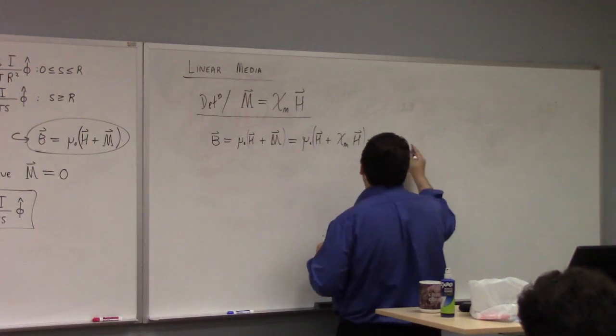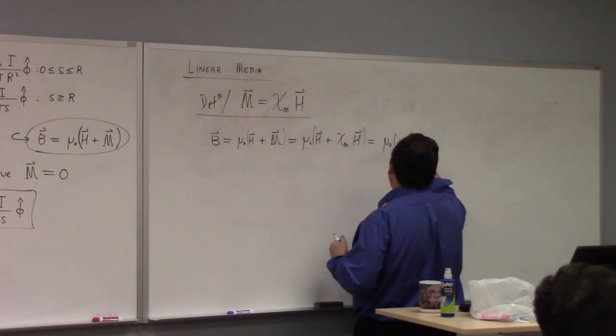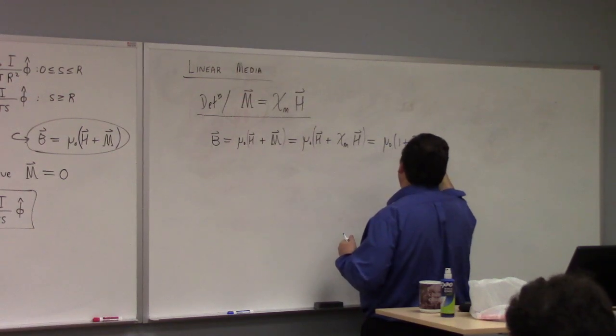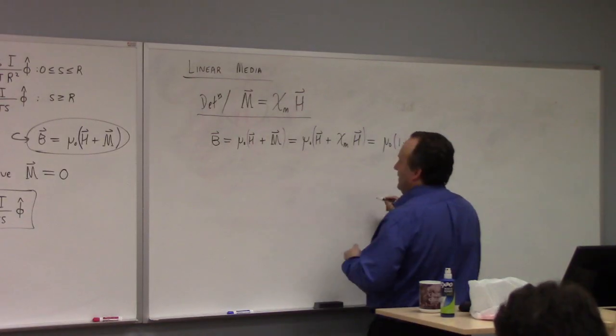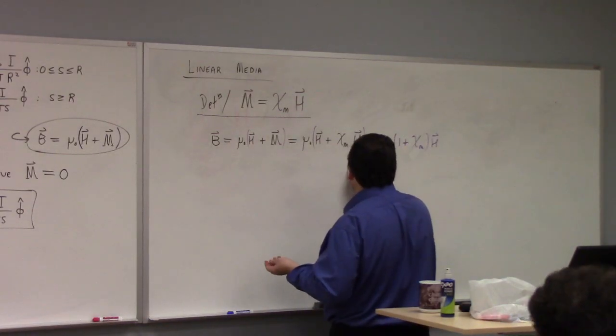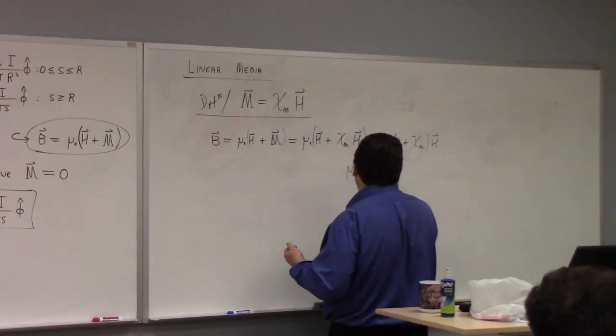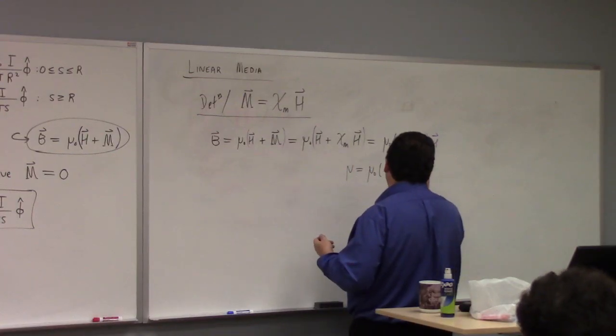So what we have is mu naught times (1 plus chi m) times H. So, I have one definition when you can have three. We'll let mu equal mu naught times (1 plus chi m).